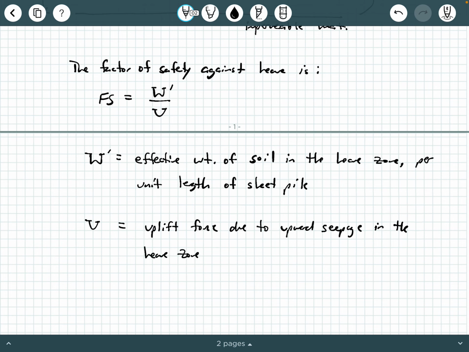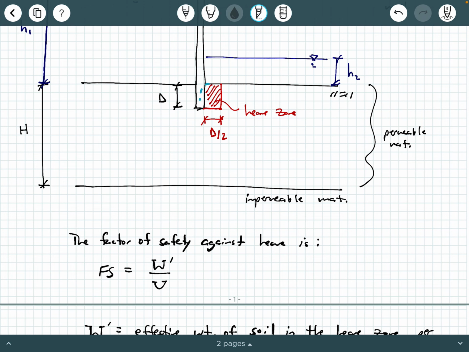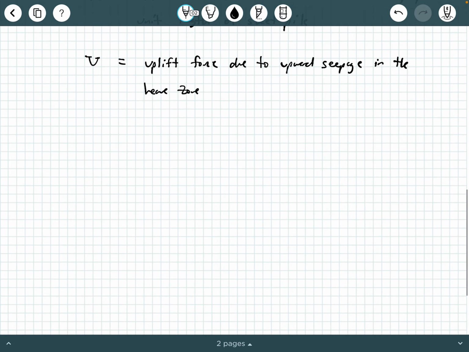All right, so let's look at this more carefully. I'm going to peel this out, look at this heave zone, blow it up, and look at a free body diagram of the heave zone.